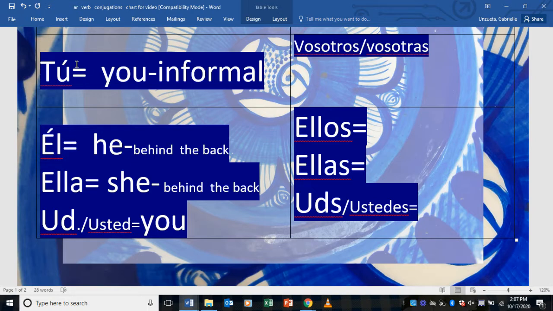We learned about that a week or two ago. And the hatted one, with the accent, is the person. So this is you. There are 2 ways to say you in Spanish. This is the informal you. This is the you you would use if you're talking to somebody your own age, somebody younger than you, a family member, somebody you're really comfortable with. So that's second person, and that's the informal you, tú.